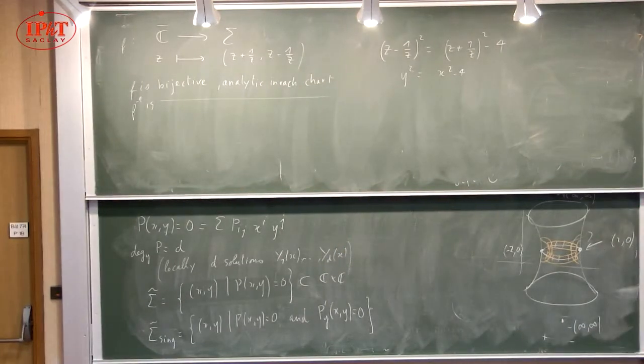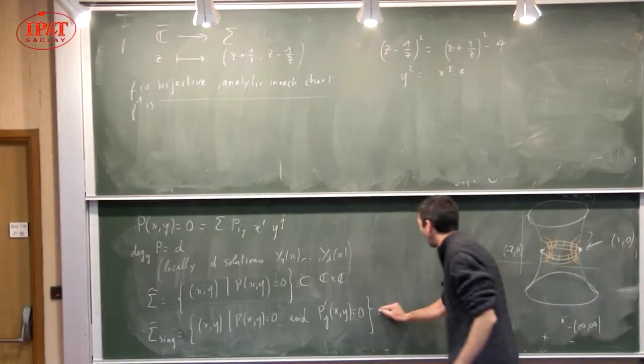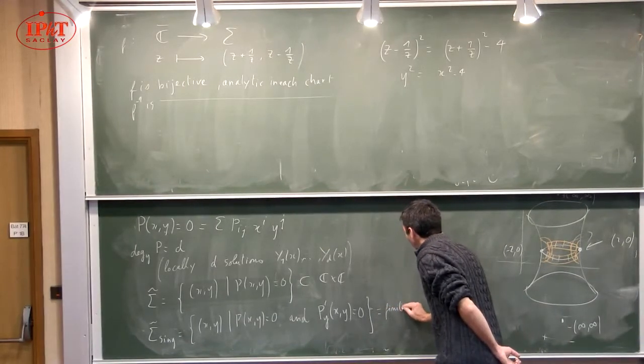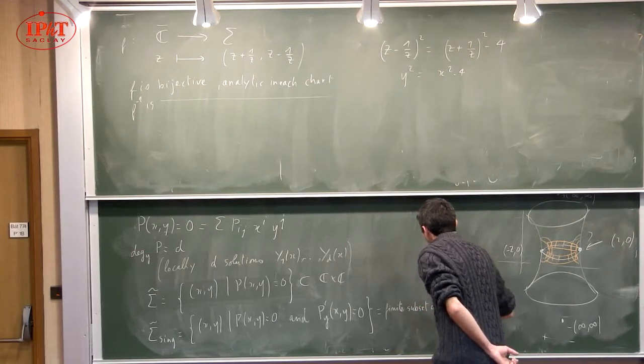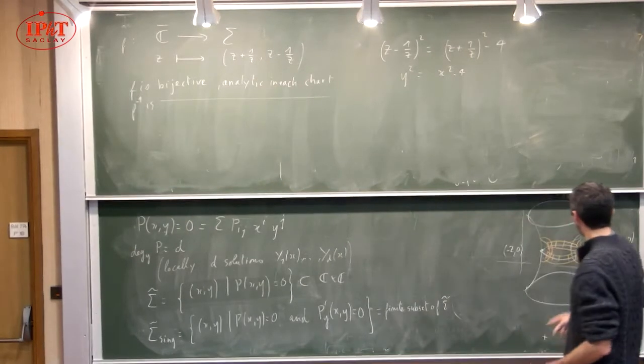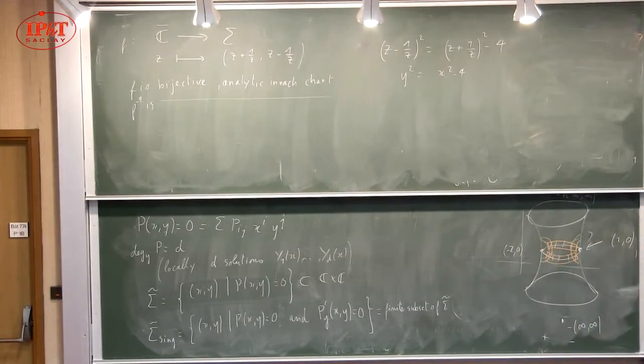So it's a discrete subset, so it's a finite subset of sigma tilde. So it's the equivalent of those 2 points.